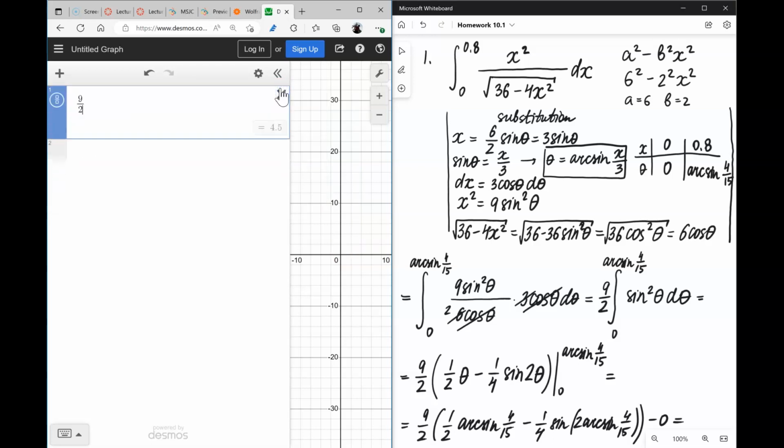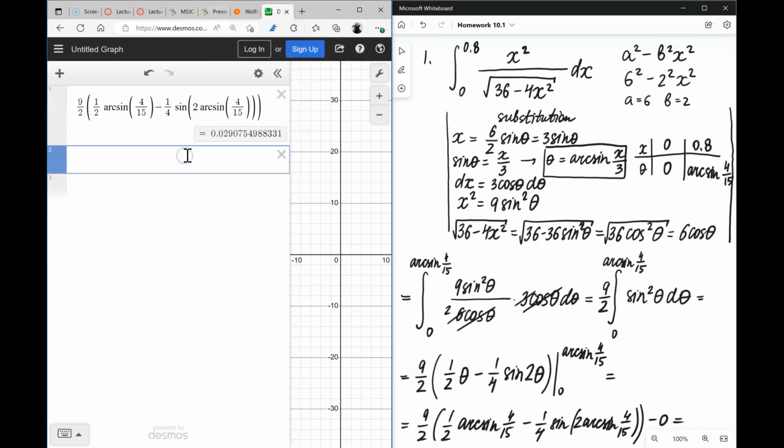So we have 9/2 times 1/2 arc sine of 4/15 minus 1/4 of sine of 2 times arc sine of 4/15. And it seems like that's the answer.